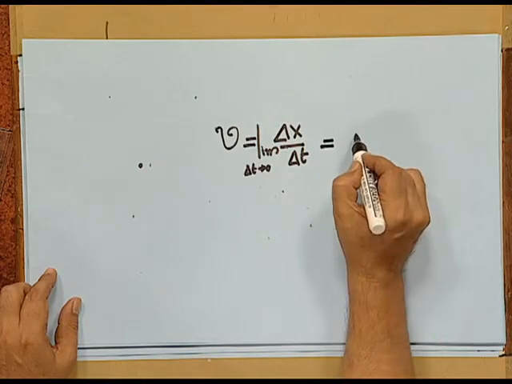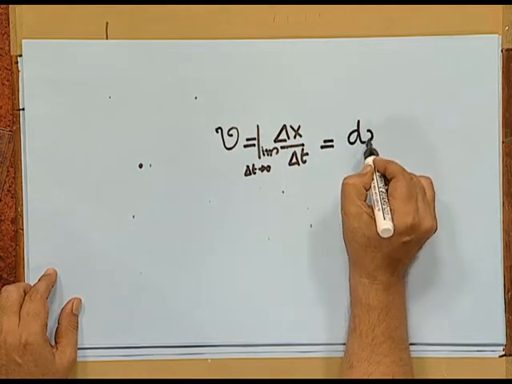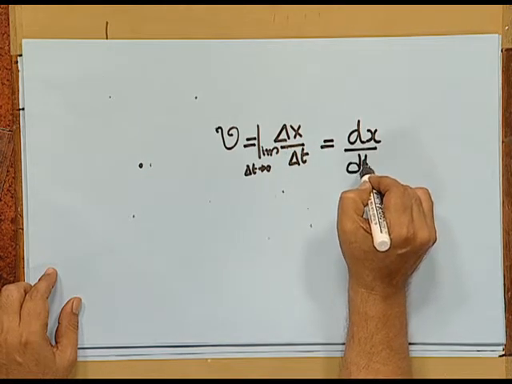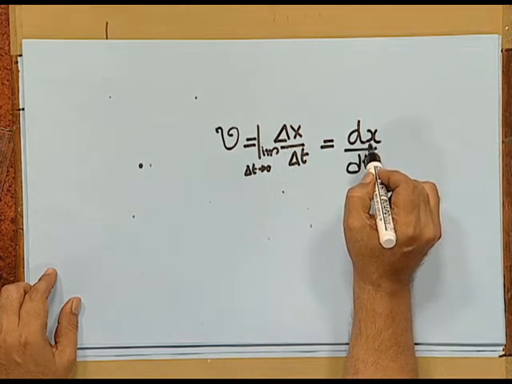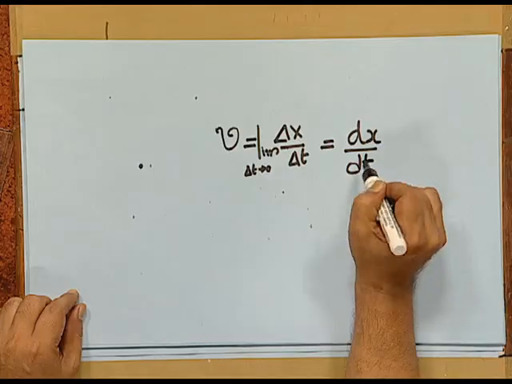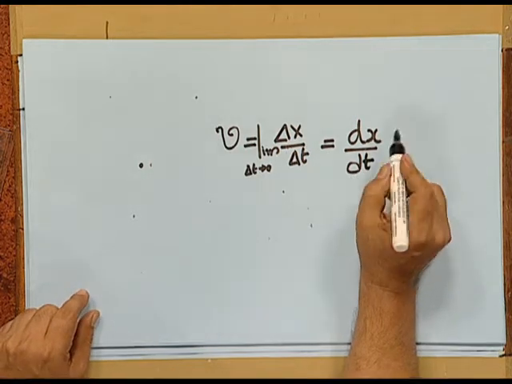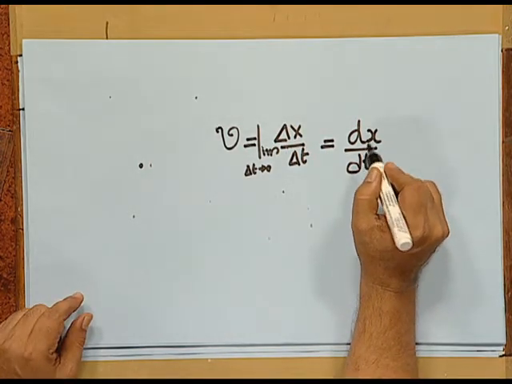In the language of mathematics, this is indicated as dx by dt, the time variation of position, that is the rate of change of x with respect to t, written as the differential of x with respect to time. So, velocity is nothing but the rate of change of position with respect to time.